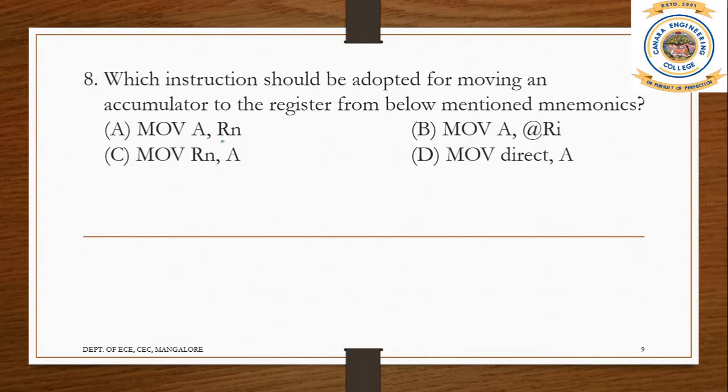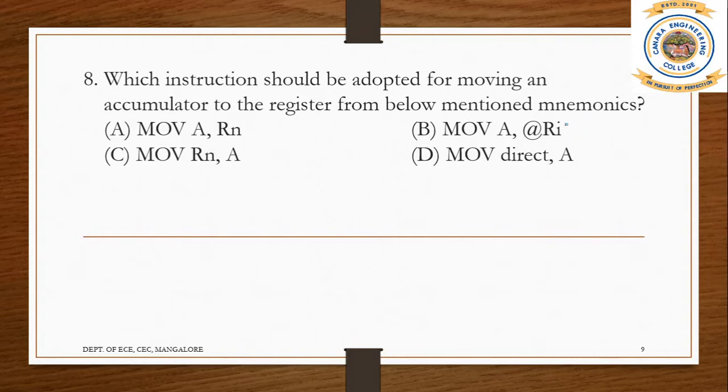MOV A, Rn will put the content of Rn into the accumulator. MOV A, @Ri will indirectly put the value of Ri into A. In the sense, Ri will have some value, that is the address of the actual value.